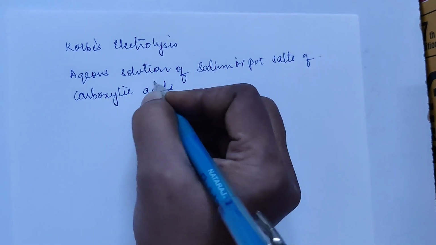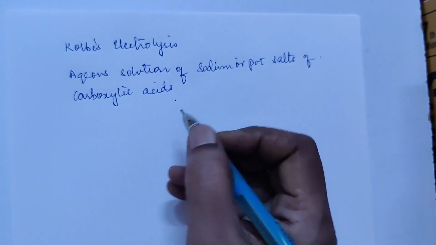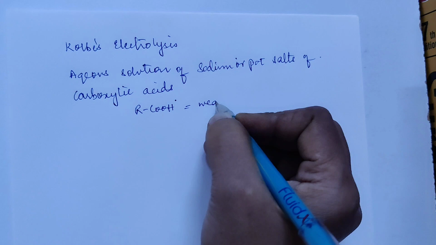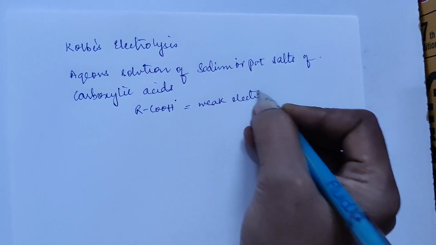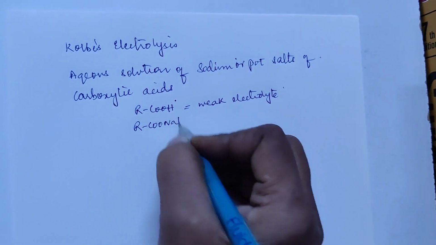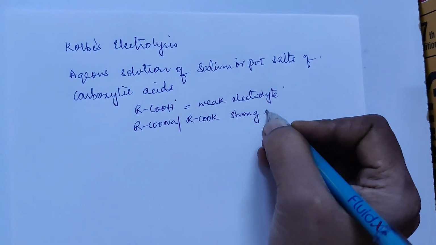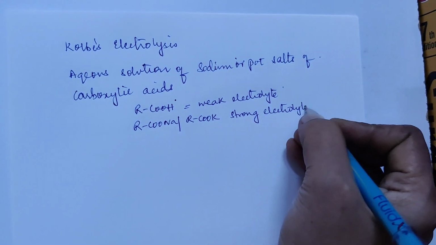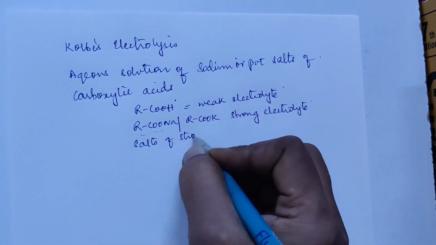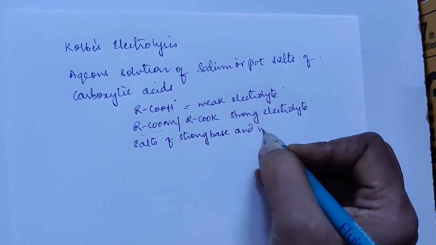Here we use the sodium or potassium salts of carboxylic acids because simple carboxylic acid is a weak electrolyte. If you take the sodium or potassium salts of carboxylic acid, then it is a strong electrolyte, because these are the salts of a strong base and weak acid.